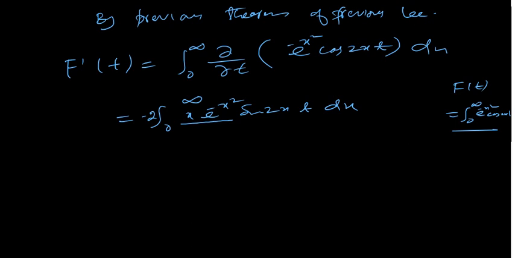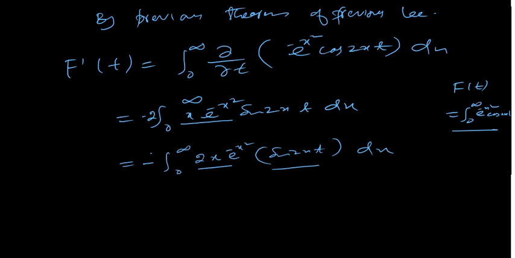You can integrate by parts and write this as minus the integral 0 to infinity of twice x into e power minus x square, then sine of 2xt dx. Keep this function for integration and this for differentiation. What's the integration of this function? It's just e power minus y divided by minus 1.